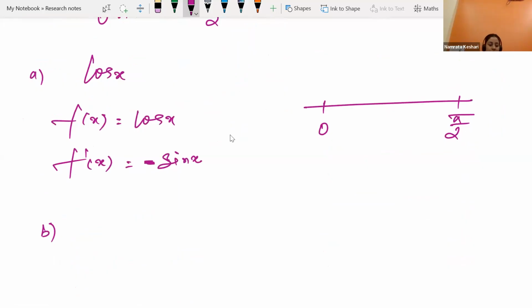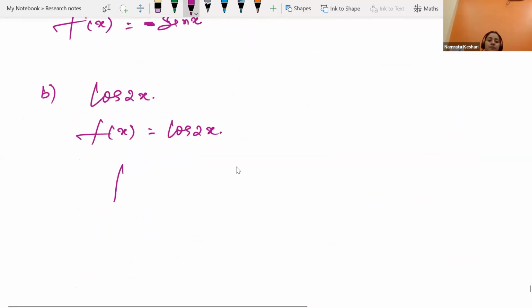Yes, ma'am. Next one. Cos 2x if we are having. So we will be taking f of x is cos 2x. Now what will be f dash x? Minus 2 sin 2x. Okay.